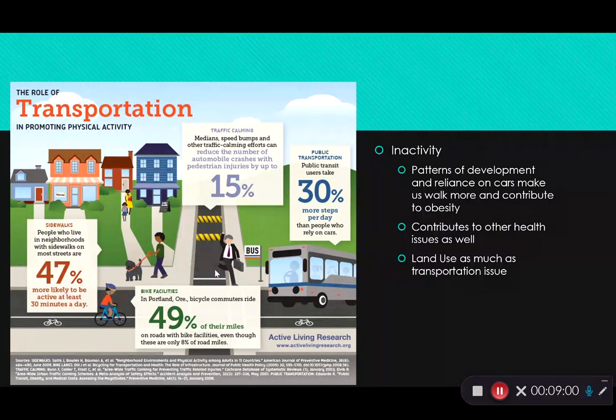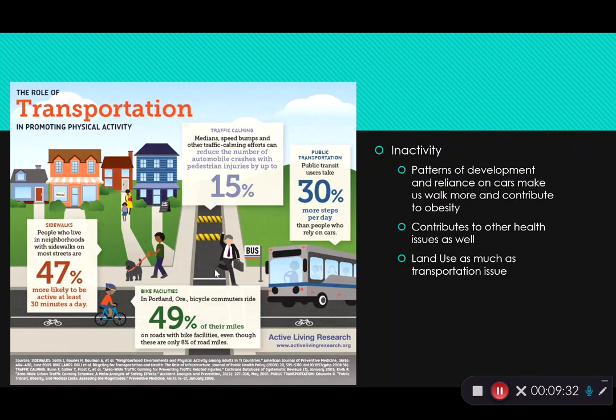Our transportation system also contributes to inactivity because we sit more, and a lot of our walking is just walking to our car, getting in our car, sitting in our car, driving to where we're going, waiting to find that closest possible parking space, and then walking into wherever we're going and sitting down again. So our whole environment is designed around keeping us sitting, which contributes to health problems, right?